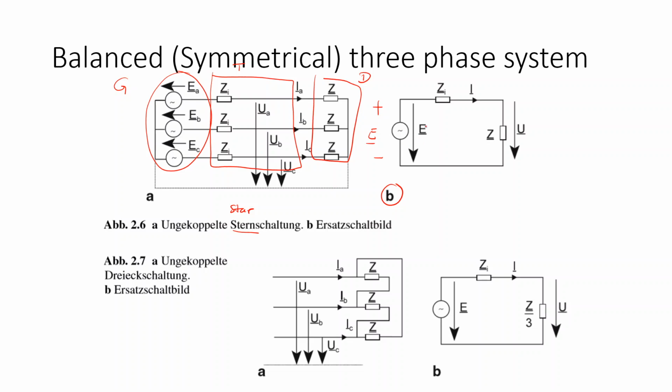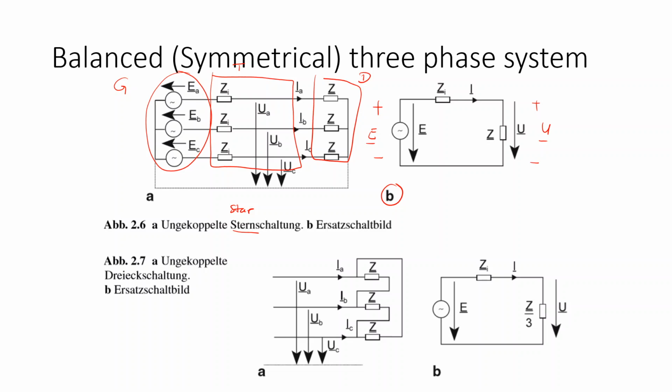But this is a German text. So the current is flowing from source to load, and the voltage at the load is U. If I write in our common notation with plus and minus sign, it should be like this. The picture on the right side is a single phase representation.